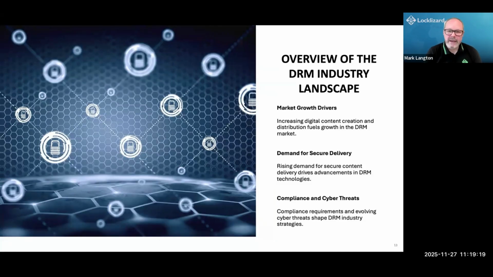It's extensive, and we are finding more and more clients are wising up to DRM, or digital rights management, and looking at ways to innovate and use the technology either to generate a revenue stream or to protect their internal assets to meet regulatory requirements. But also to stave off cyber threats, as the cyber criminals are getting more and more sophisticated, and quantum computing and AI are starting to move into the space.